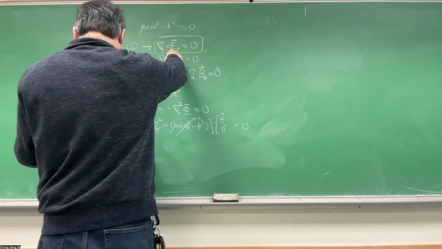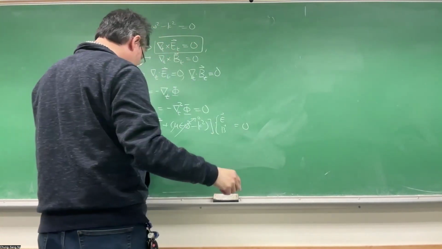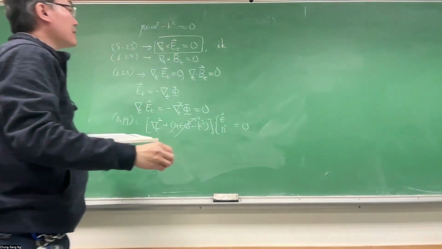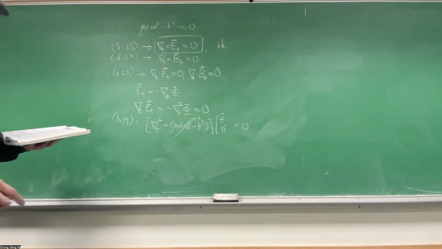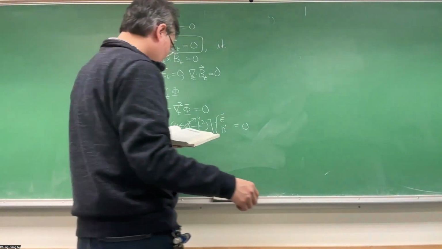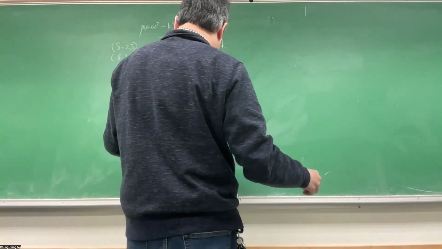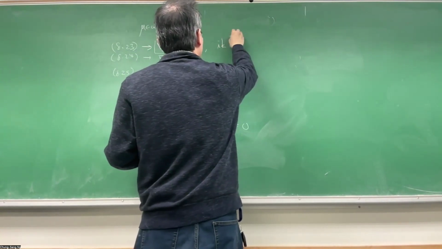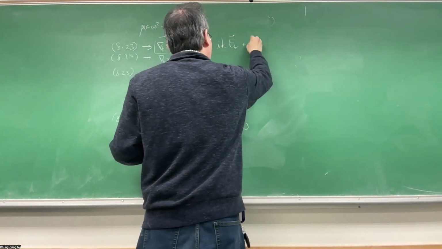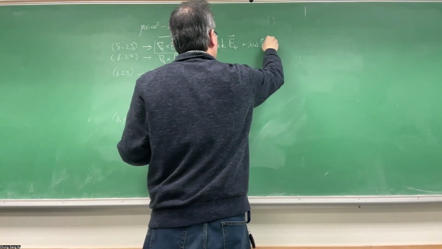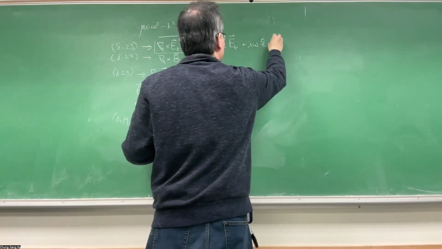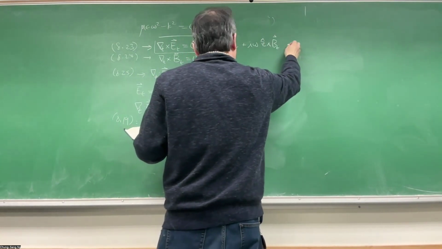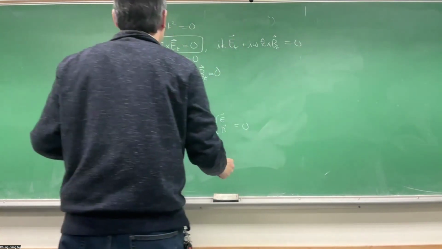Other than this, the first equation will give you the partial z, which is just i times k, because we assume the e^{ikz} factor. And then multiplying by E_t, plus i omega B_t equals 0. The right hand side is 0.